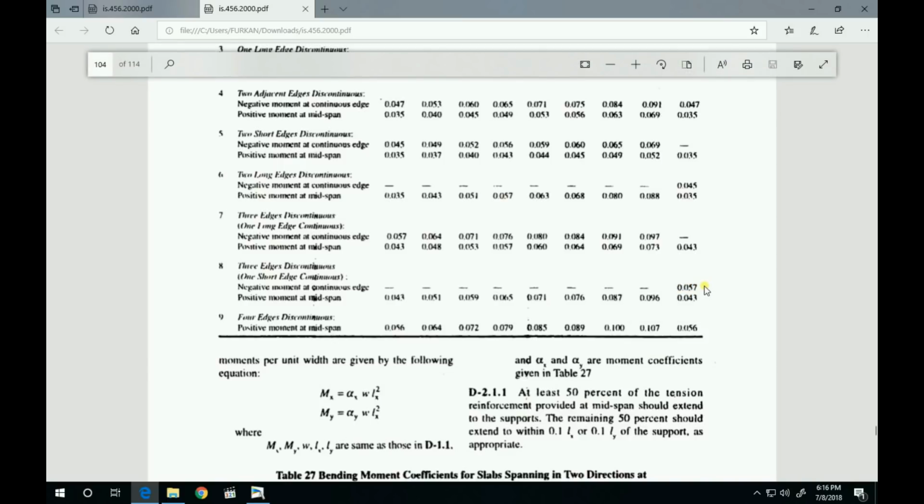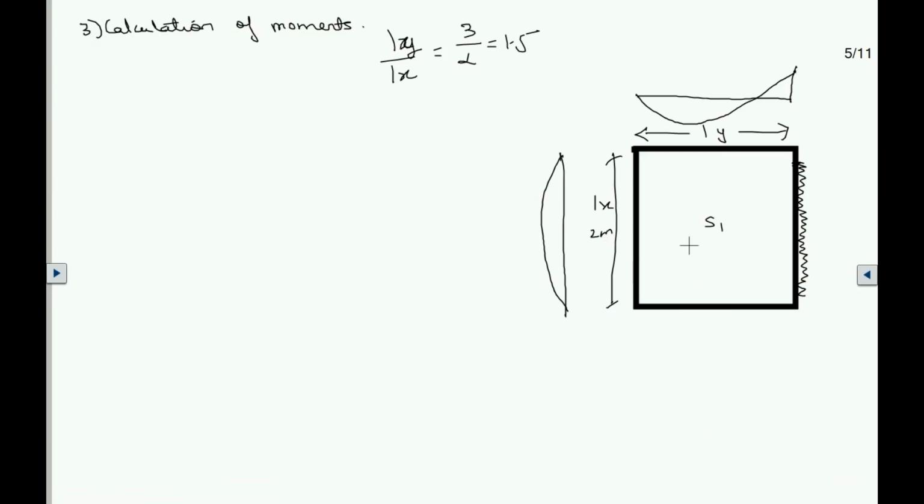So I'll write it down on the paper now. Alpha x positive is 0.076, alpha y positive is 0.057 and alpha y negative is 0.043.